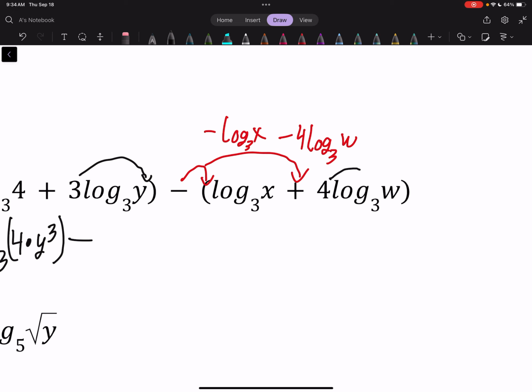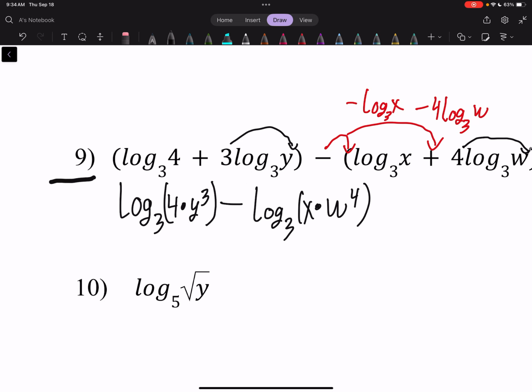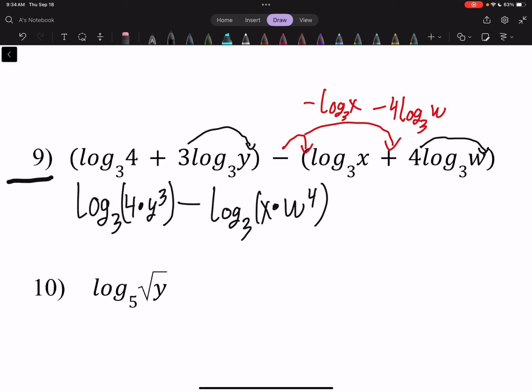So I am going to move the 4 up into the w, and I'm going to put log base 3 of x times w to the 4th. Now I'm just going to combine these two. This is subtraction for the quotient rule.